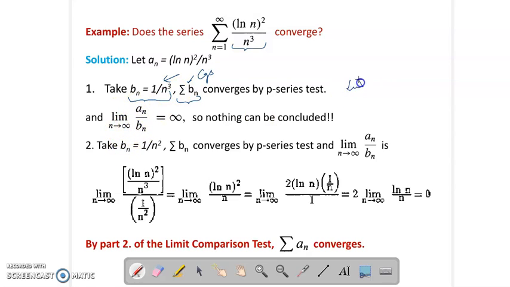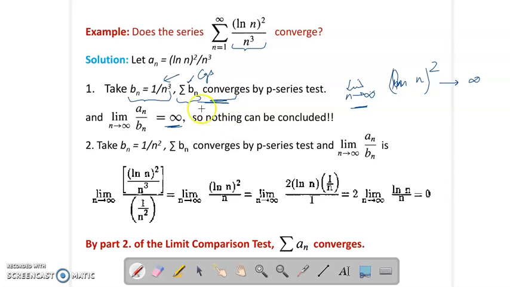Now the limit n tending to infinity of an by bn is equal to (ln n) whole square, because this n cube cancels out. Now as n tends to infinity, this will tend to infinity. So the limit of an by bn is infinity and bn converges, so we cannot conclude anything.